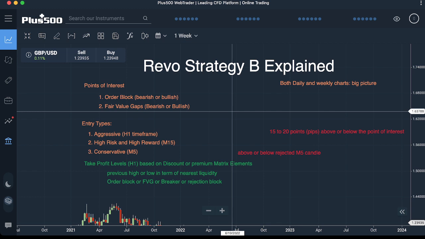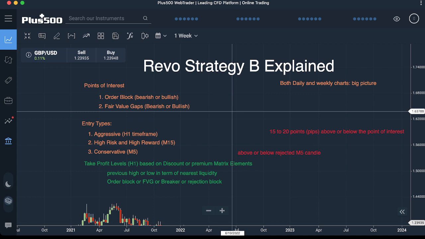And then I'll show you how to grab the entry types, which is going to be an aggressive one, the H1 time frame, based on that reversal candlestick formation at the end of the bearish or bullish price action.